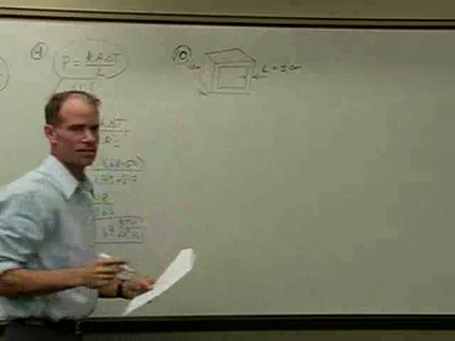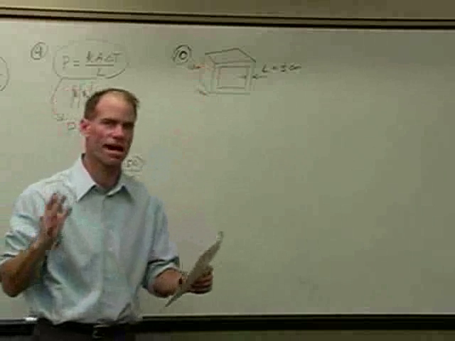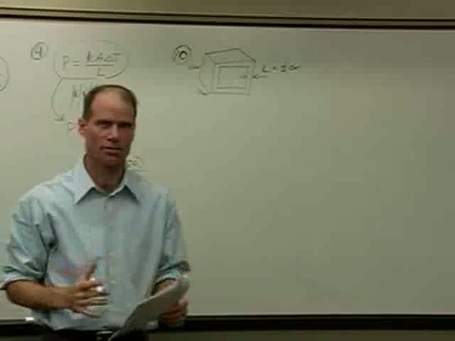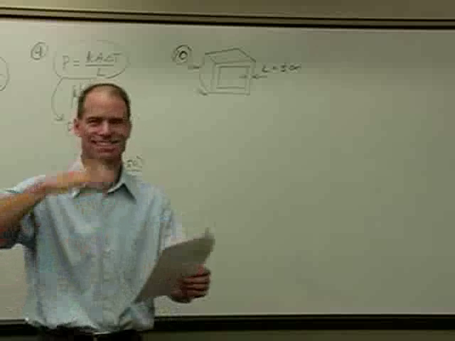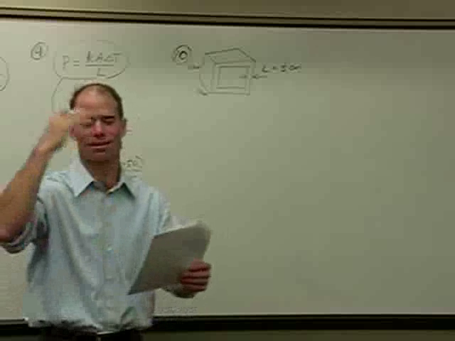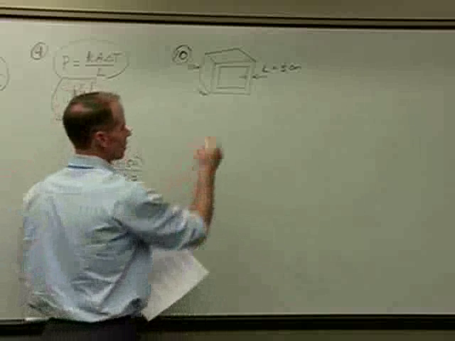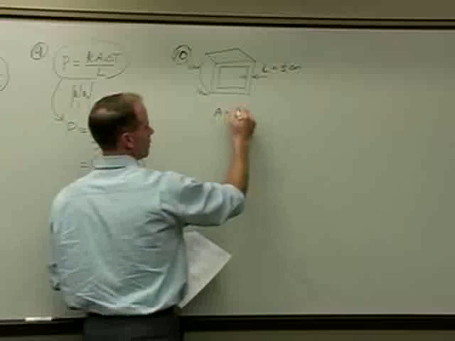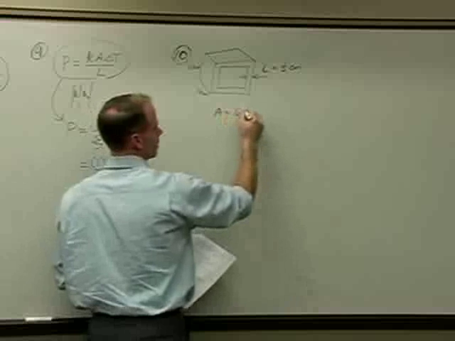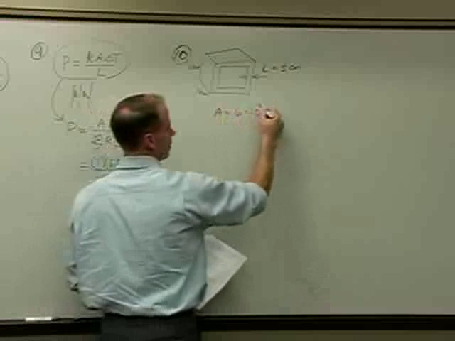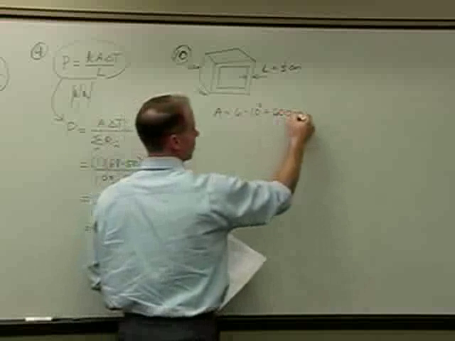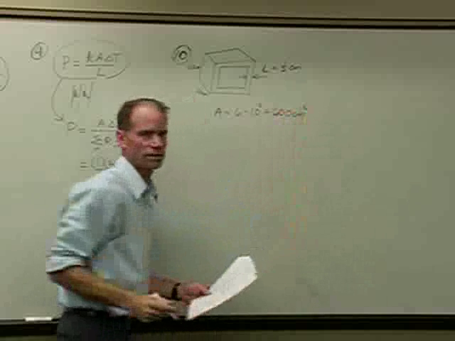We're 10 centimeters on the side, so the area of one side would be 100 centimeters squared, but we have 6 sides. So we're going to enclose this coffee on top, bottom, and the 4 sides around it. So our total area is going to be 6 times 10 squared, or 600 square centimeters.